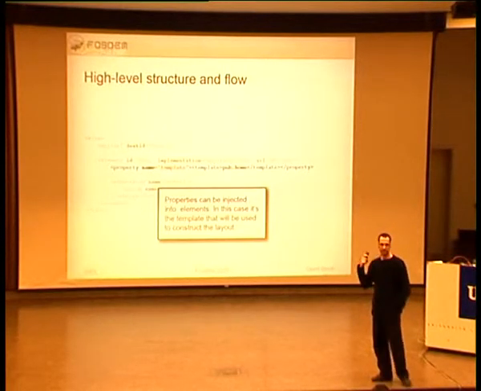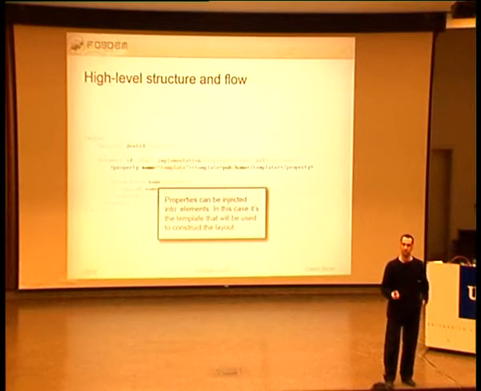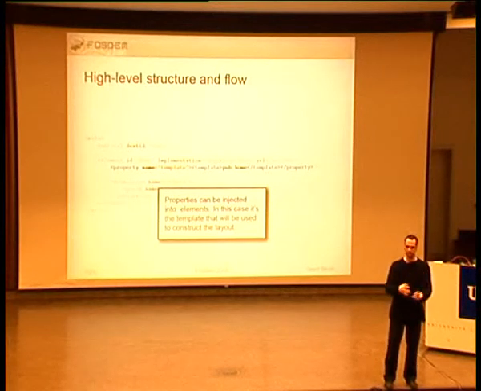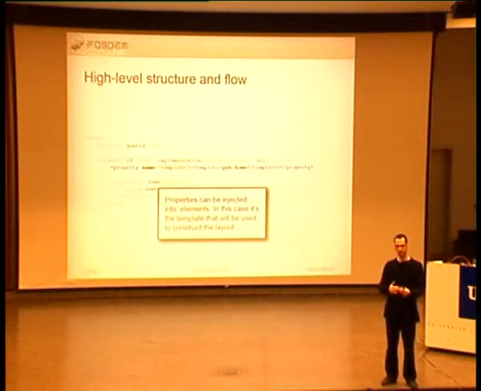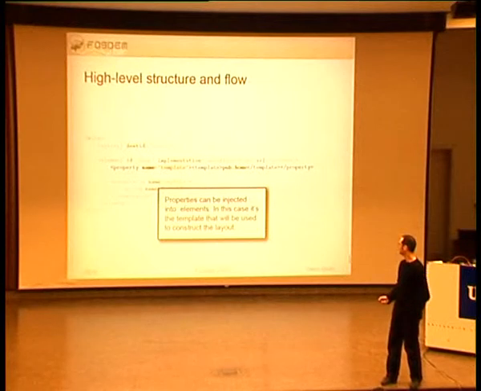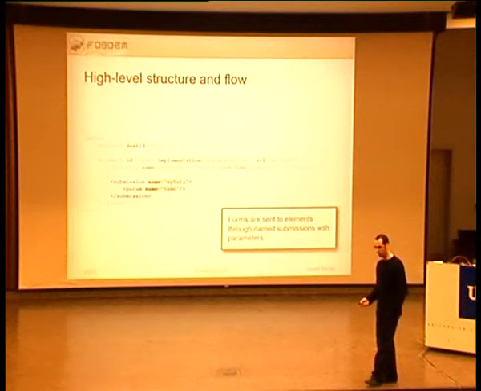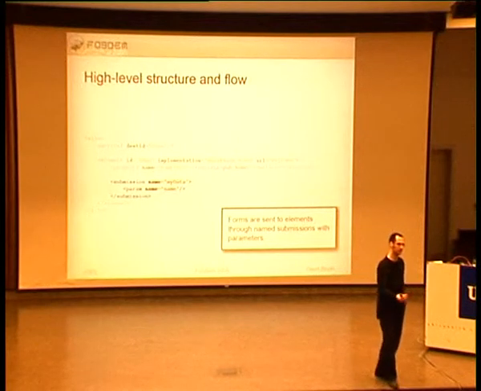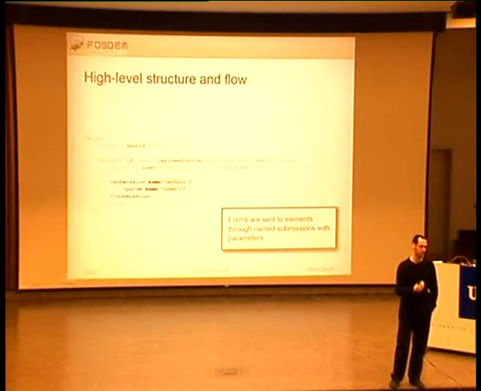I also declare that this element has got a certain property because I want to display something in this application. I say that it needs a template, and this template will be injected from here into the actual implementation. And to handle forms, we have something that's called submissions. You submit data to it. It's not necessarily tied to a form, but usually it is.